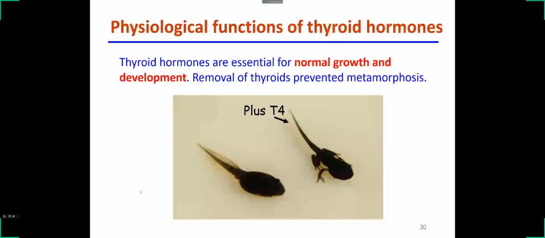So desiccated thyroid was fed to frog tadpoles, baby frogs, and this can induce metamorphosis. Whereas a hypophysectomy of a tadpole caused the thyroid to atrophy and prevent metamorphosis. So you can block this step by just removing the thyroid.